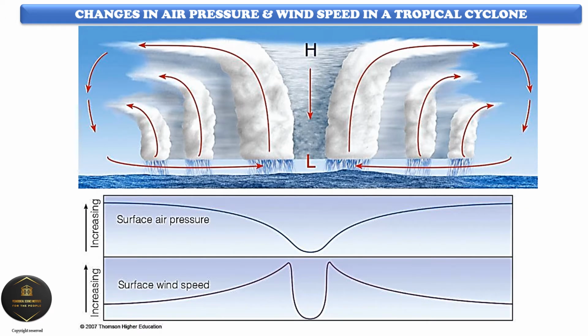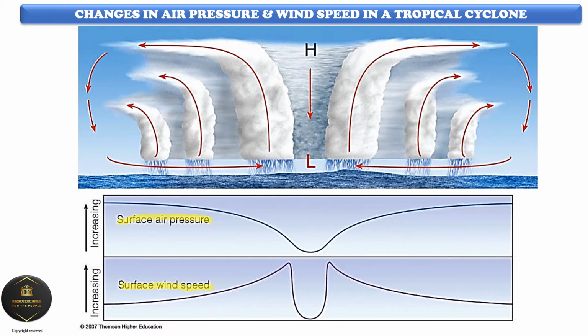Let's then look at the changes in air pressure and wind speed in a tropical cyclone. For us to understand this part, I want us to think about the diagram below here. In this diagram, we are shown changes in air pressure and changes in wind speed.